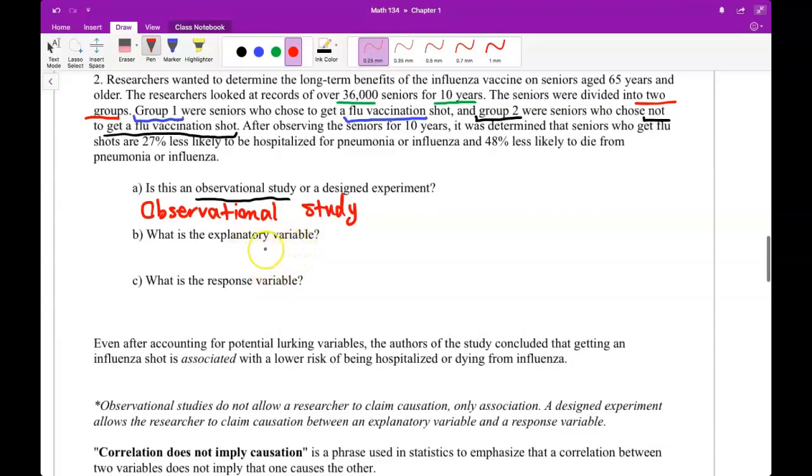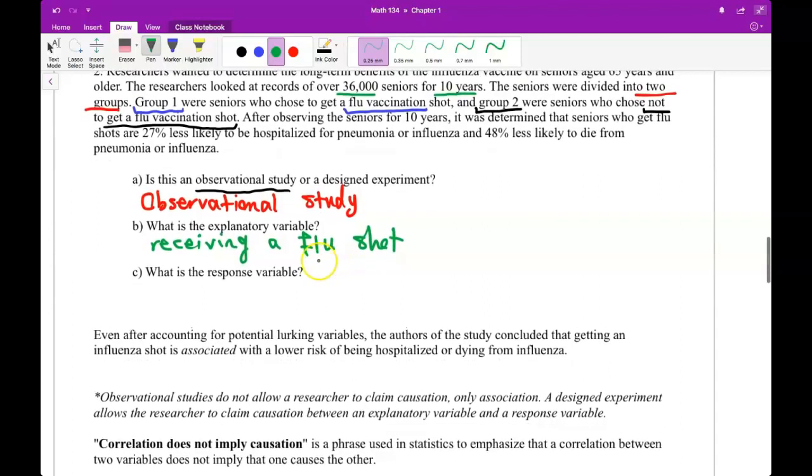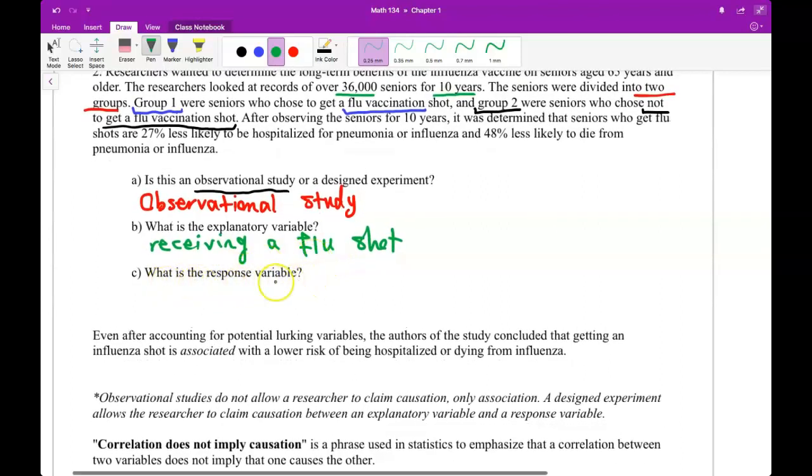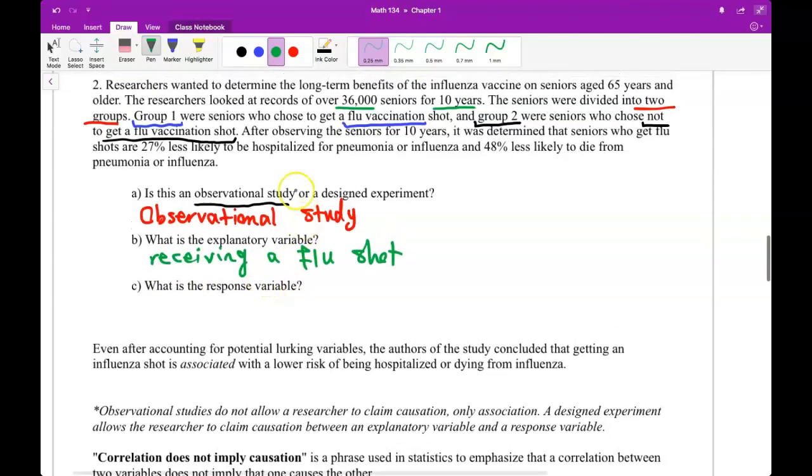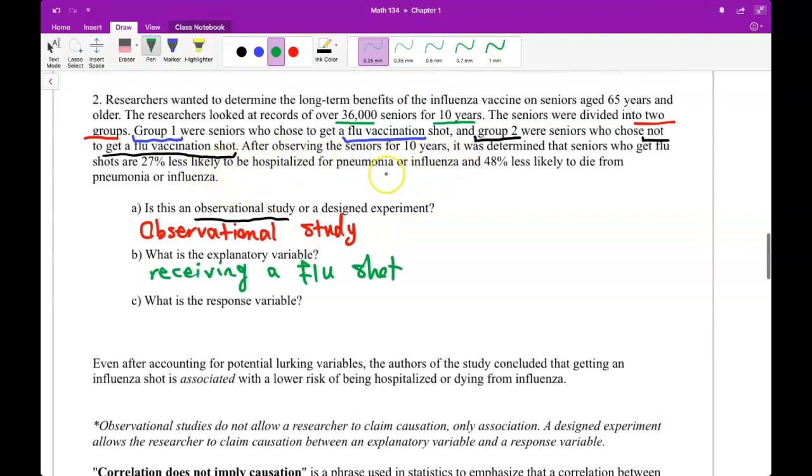What is the explanatory variable? What is it that we can control here? It is receiving a flu shot. So that is the explanatory variable. And what is the response variable? What is the outcome? The outcome is hospitalization, or what is that?